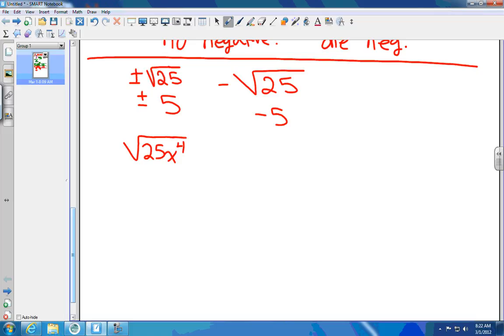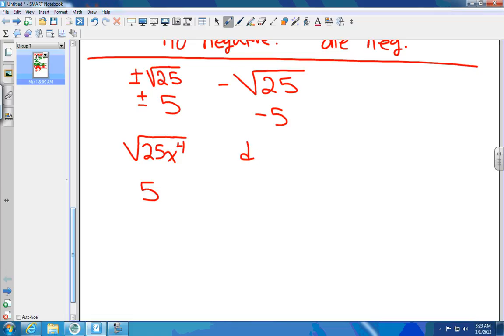Square root of 25 x to the 4th. So we know how to do the square root of 25. What is that? 5. How do we simplify that variable with the exponent? How do you get it? By this, which is called the index.